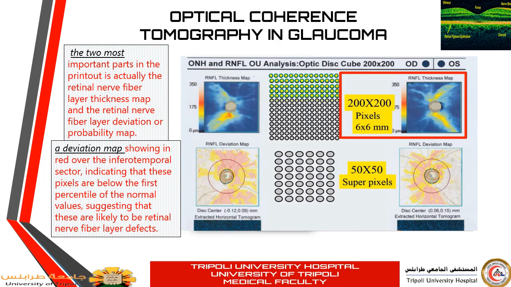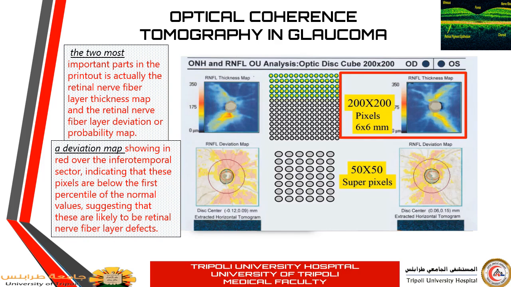Now this is called the superpixel of the deviation maps. In the raw data, for example, 200 by 200, written as 200 multiplied by 200 pixels, indicates 200 A-scans in the vertical axis and 200 scans in the horizontal axis are taken and give you this raw data.